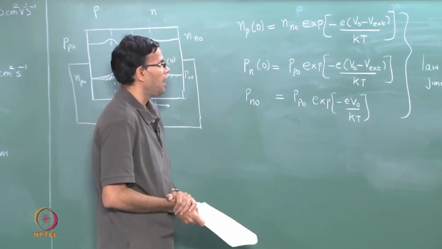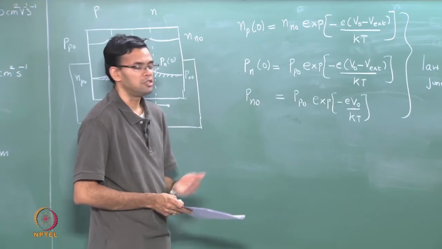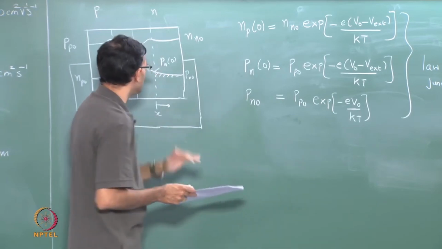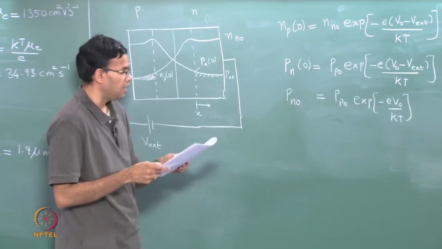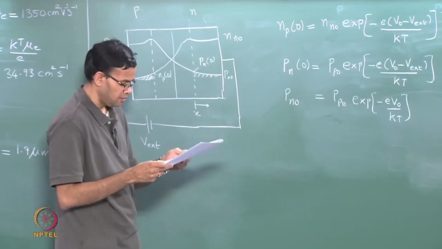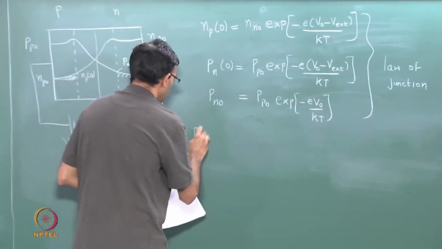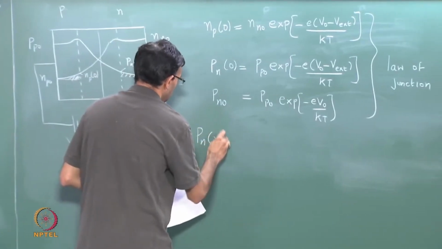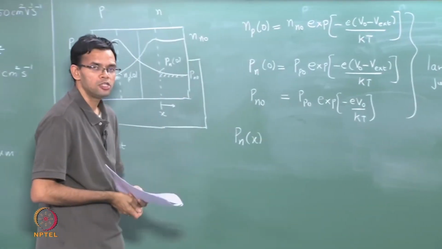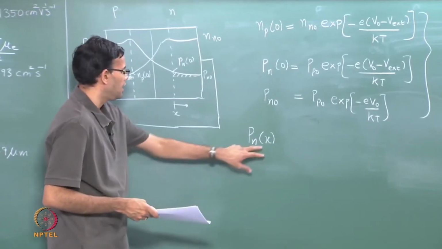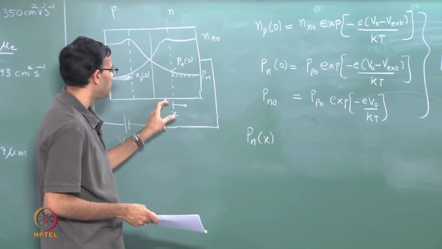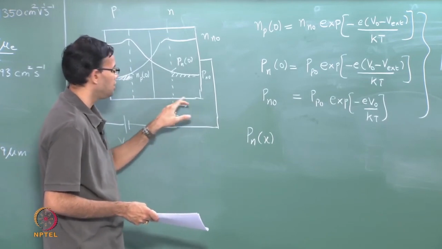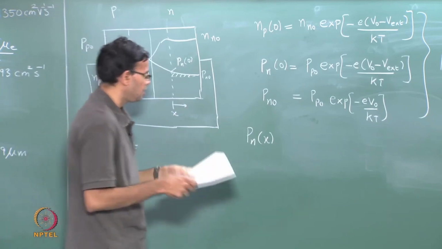So, we saw that we have these excess carriers, and as you move away from the depletion region, the excess carriers start to recombine and they ultimately are annihilated. So, we can calculate or we can write down the expression for the excess holes on the n side as a function of distance x. X is measured from the boundary between the depletion region and the bulk of the n side.